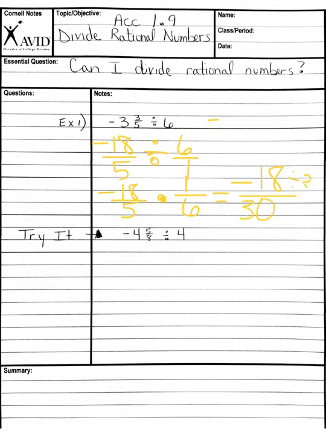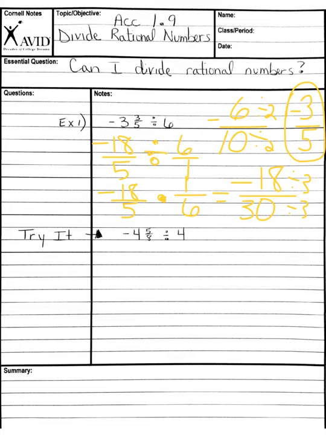We divide both of those by 3 to simplify. 18 divided by 3 is 6, and 30 divided by 3 is 10. It looks like we can simplify some more, so we can divide them both by 2. And we get a negative 3/5.